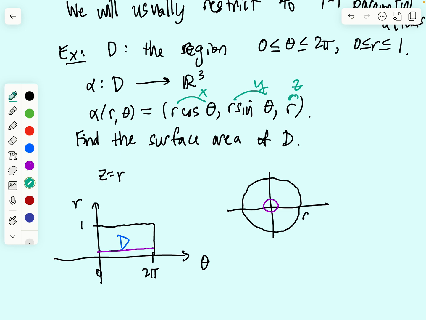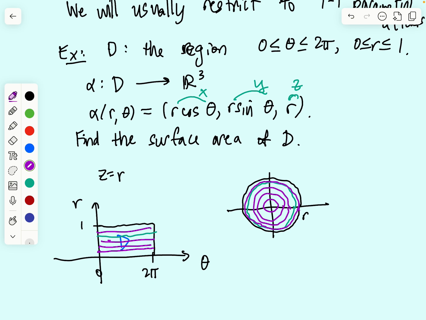And then if you take a different R, say a bigger R, that's going to trace out a circle like this, as theta goes from 0 to 2 pi. And then if you imagine all of the lines, you're going to get more and more circles, and that will trace out this disk of radius 1 centered at the origin.